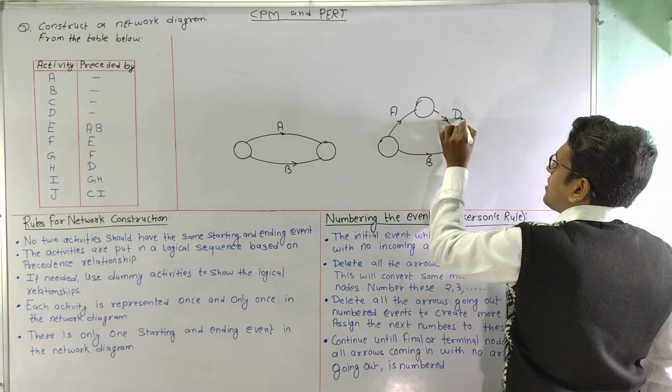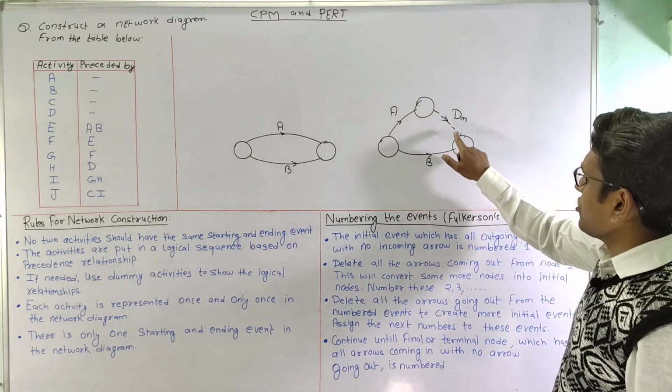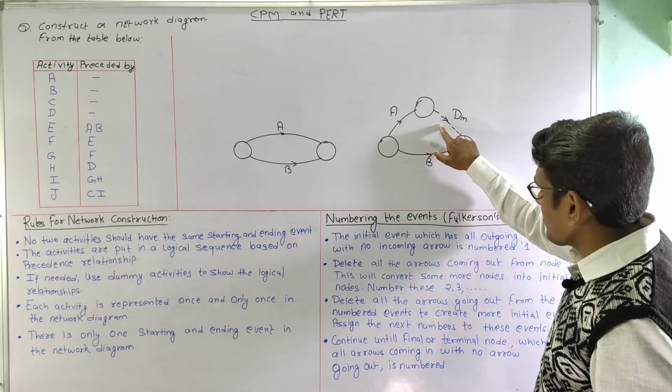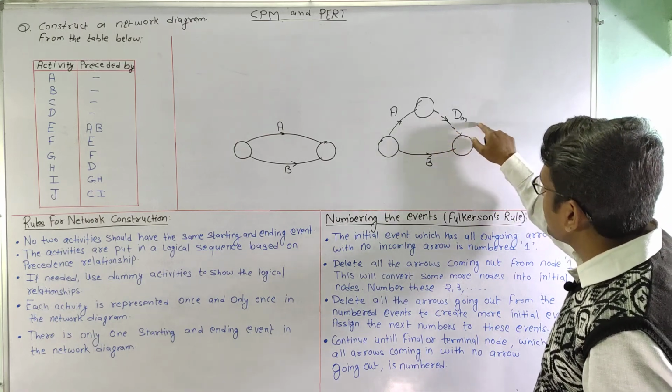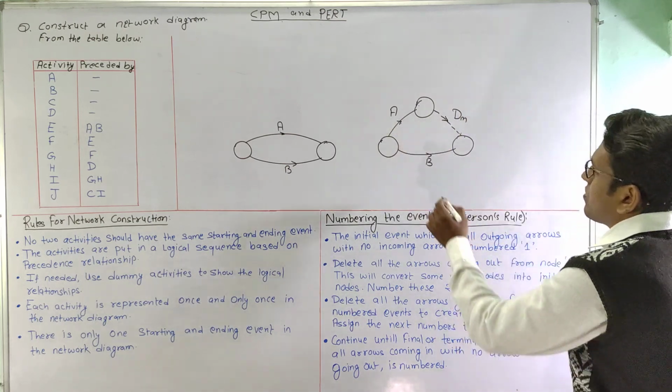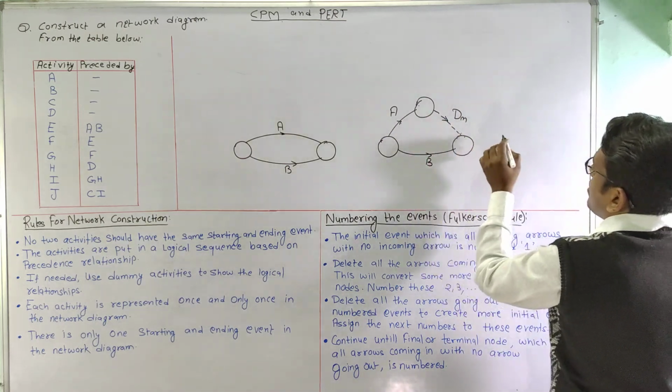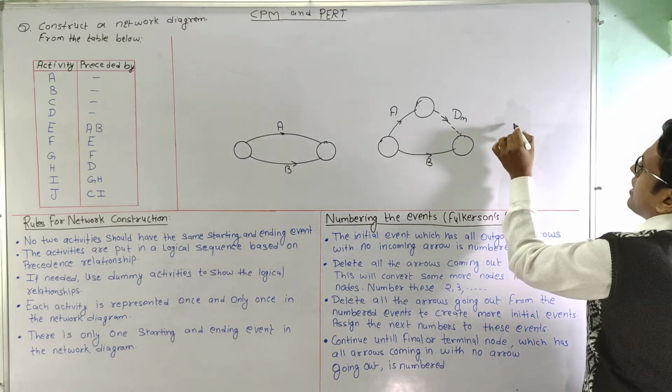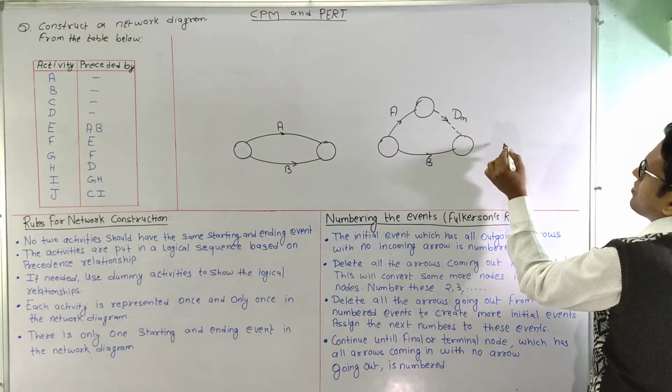The dummy activity is generally shown by a dashed line, and it can be placed anywhere. So this is a proper network notation, and similarly we can also do this.